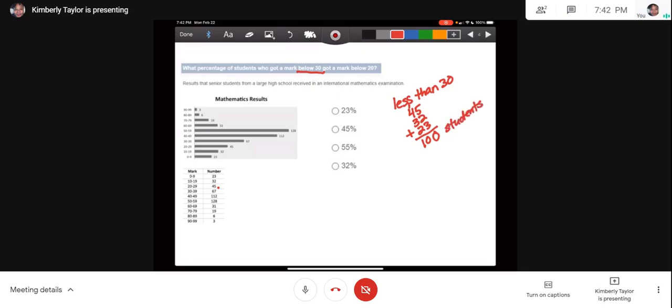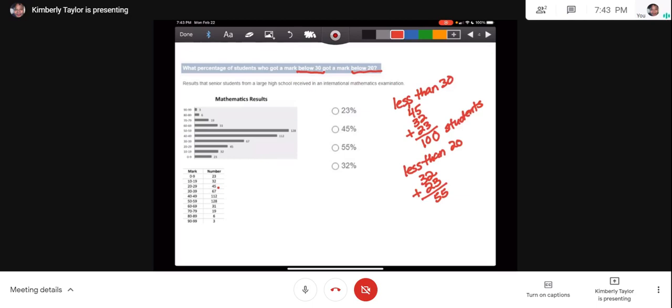Now let's look at the students who were below 20. So less than 20, here it would be 32 and 23. If I add those together, I get 55. So it says what percentage of students who got a mark below 30 got a mark below 20.